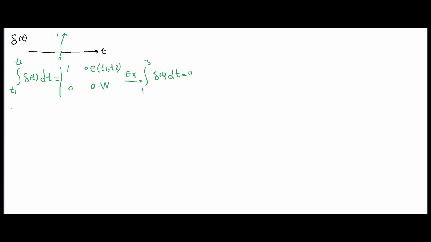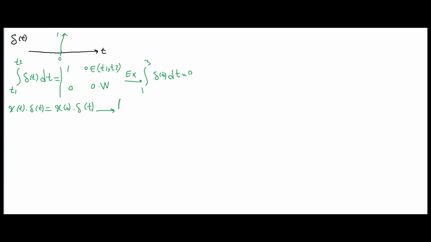The next point is a property called the shifting property. This property says that any signal multiplied by delta t means that only the value of the signal at time equal to 0 is important for us. We can write this result as delta t times the value of the signal at 0.